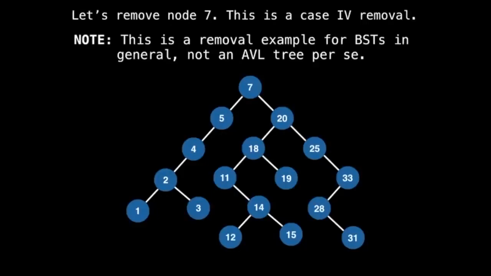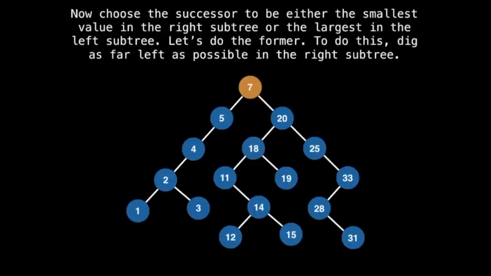Let's remove node 7 from this tree, which is the root node. So we would start at the root node and discover that in fact, this is the node we want to remove, and notice that it has 2 non-empty subtrees, so we must choose a successor. To choose a successor, we either pick the smallest value in the right subtree or the largest value in the left subtree.